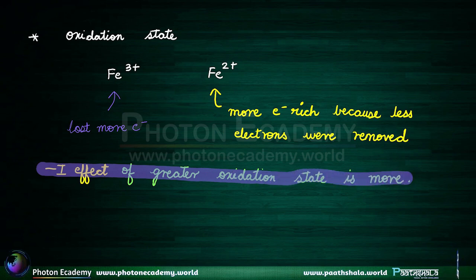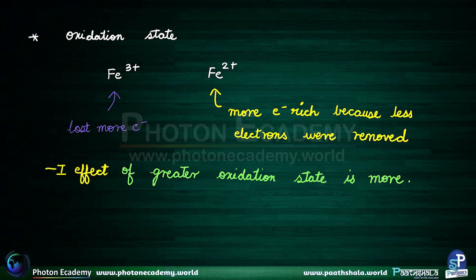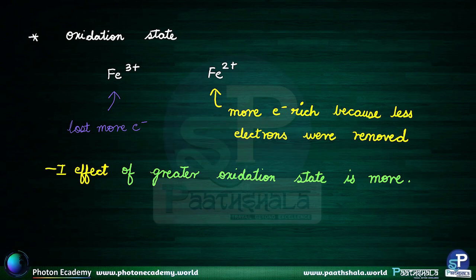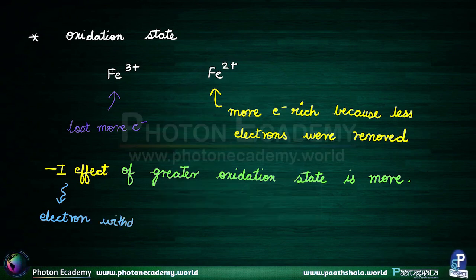So the more the oxidation state, the more is the minus I effect. That is, the minus I effect is the electron withdrawing factor, so it will withdraw more electrons.